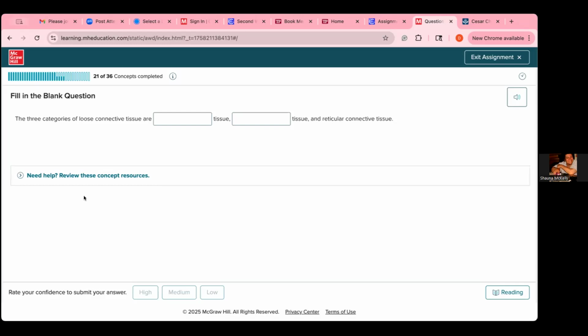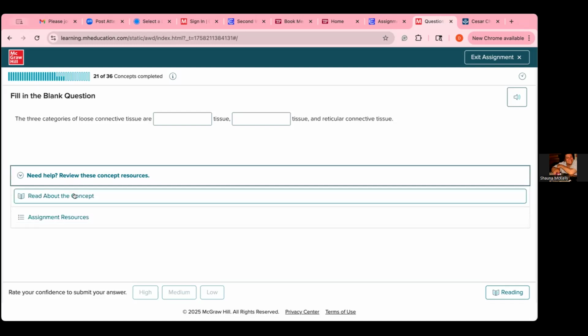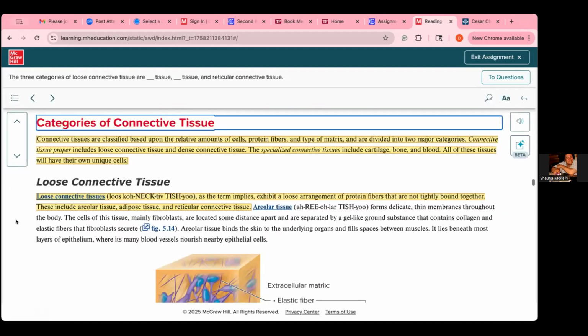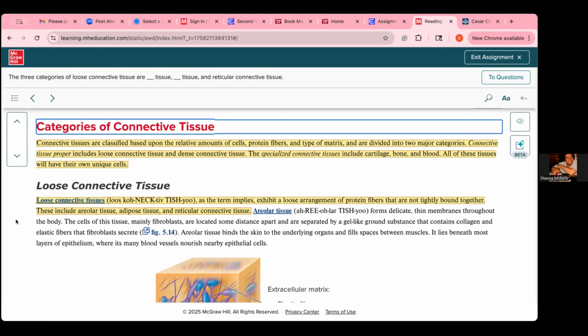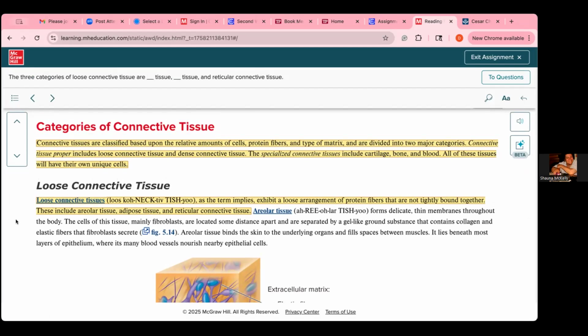So let's look at categories of connective tissue. Loose connective tissue, as the term implies, exhibits a loose arrangement of protein fibers that are not tightly bound together. Okay, let me read the paragraph before that.